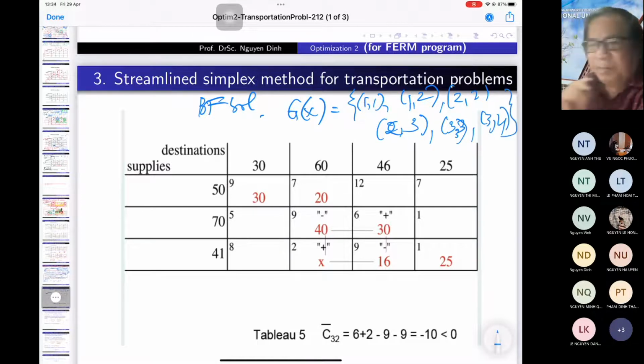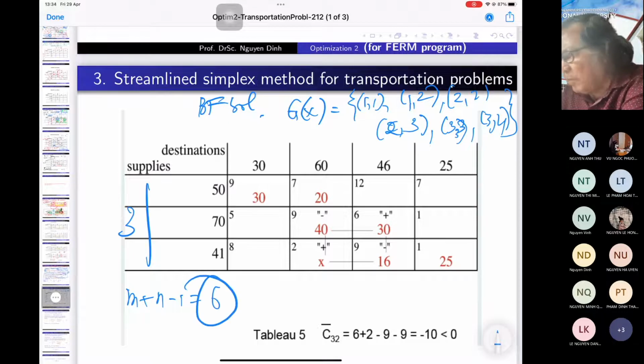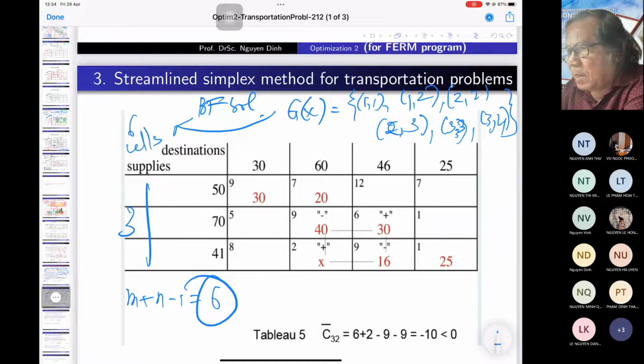This is the set of selected cells. How many cells here? 1, 2, 3, 4, 5, 6. What are m and n? m is 3, n is 4, so m plus n minus 1 is 6. And this Gx has 6 cells.